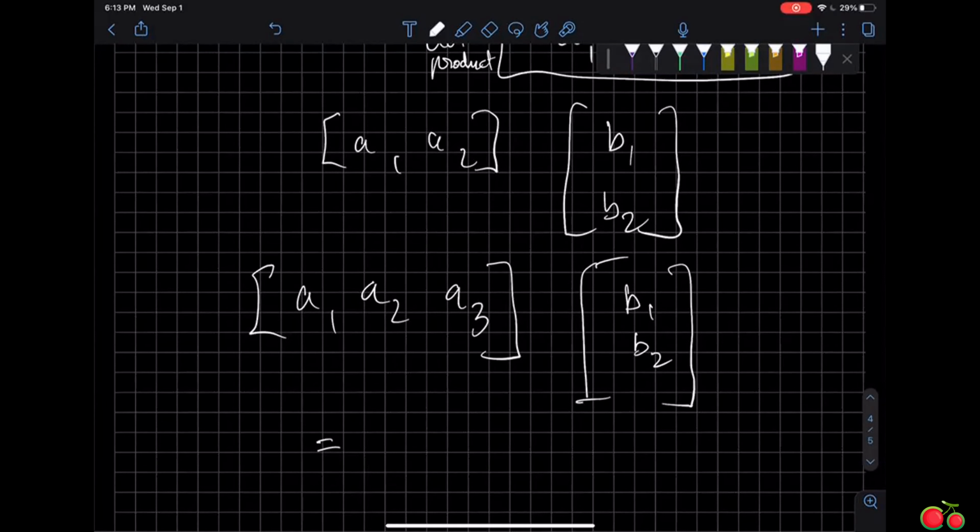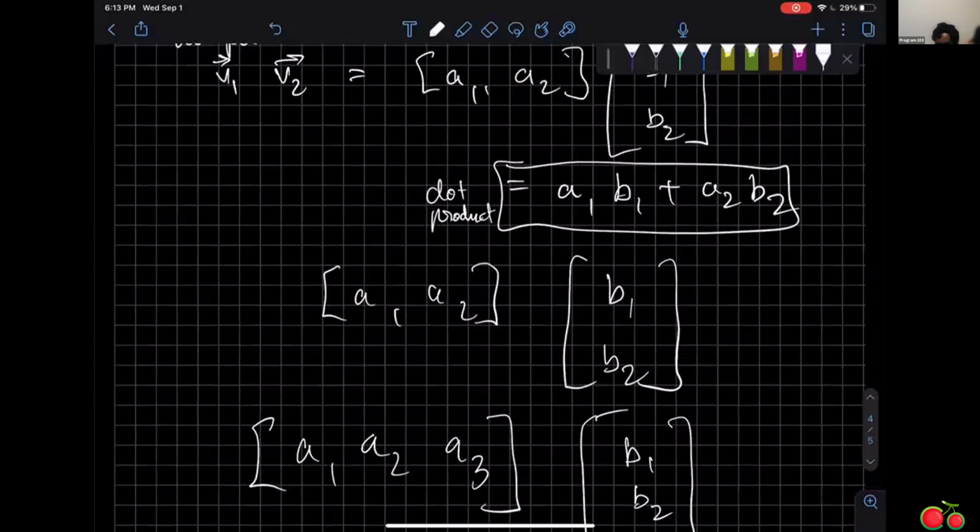I don't think that's possible, is it? Yep, you're right. Because I would write this, I would write this, but then what do I write here? I don't have anything else to multiply it with, right? So basically, the length of this vector has to be equal to the length of this vector.